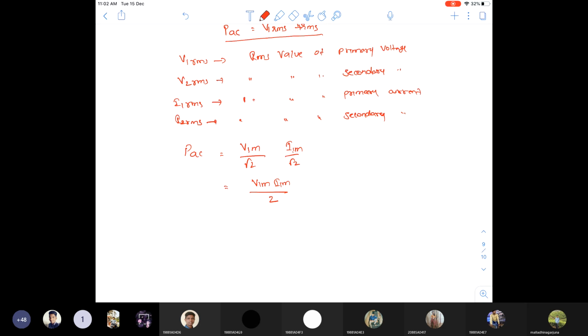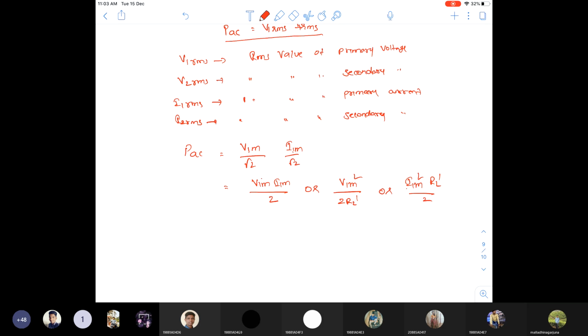Or I can write V1M square by 2 RL dash, or I1M square into RL dash by 2. So all are the same. If you substitute VM equal to IM into RL dash, you get this.